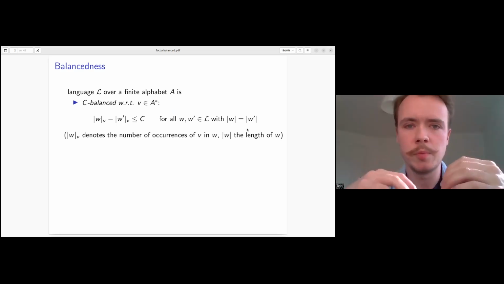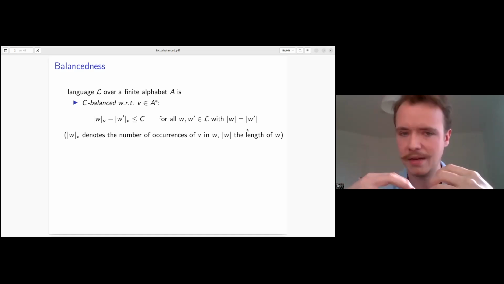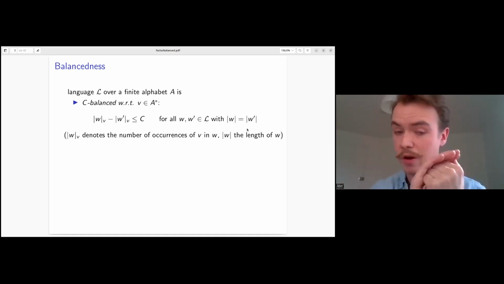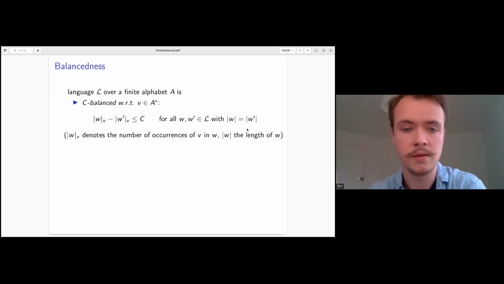First, the most basic and fundamental definition of balancedness is for a language to be C-balanced with relation to a certain factor V in A star.